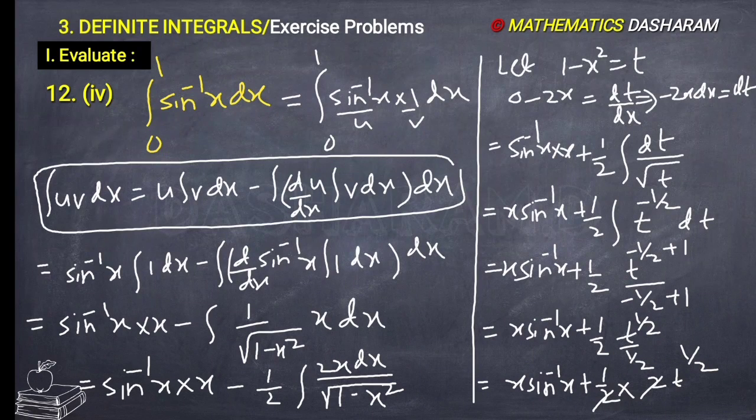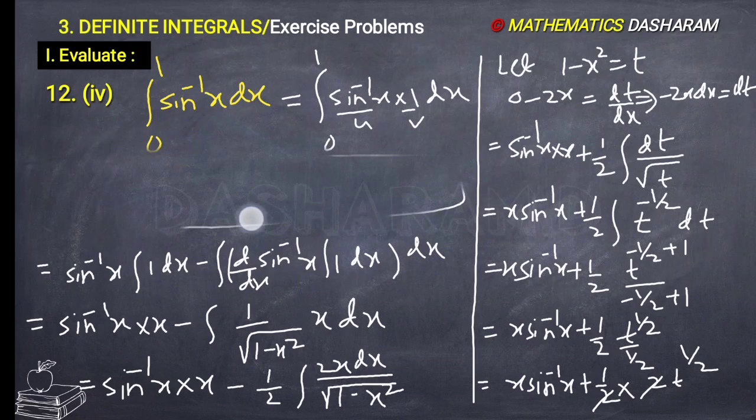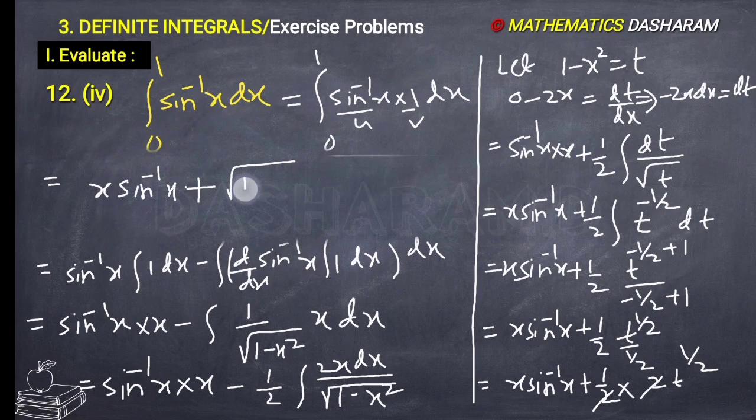Here 2 cancels. So it is equal to x into sine inverse x plus t to the power of 1 by 2. But what is the t value? 1 minus x square. So t to the power of 1 by 2 means root t, no? So then root 1 minus x square.